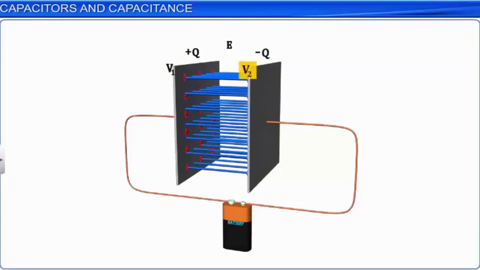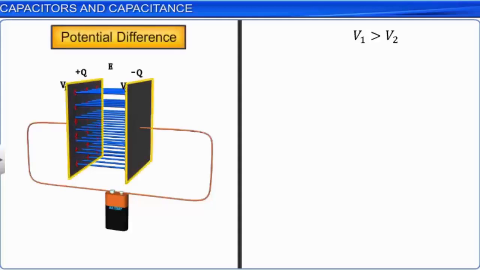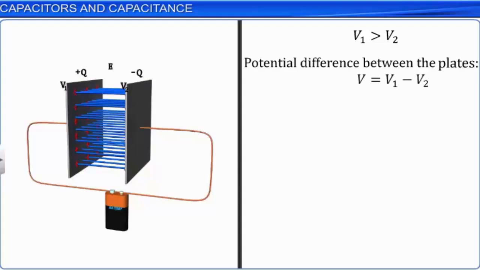The positively charged plate is at a higher potential than the negatively charged plate. Therefore, V1 is greater than V2. Hence, a potential difference exists between the two plates. Let the potential difference between the plates be V equal to V1 minus V2. As potential difference is measured in volt, this potential difference is referred to as voltage.